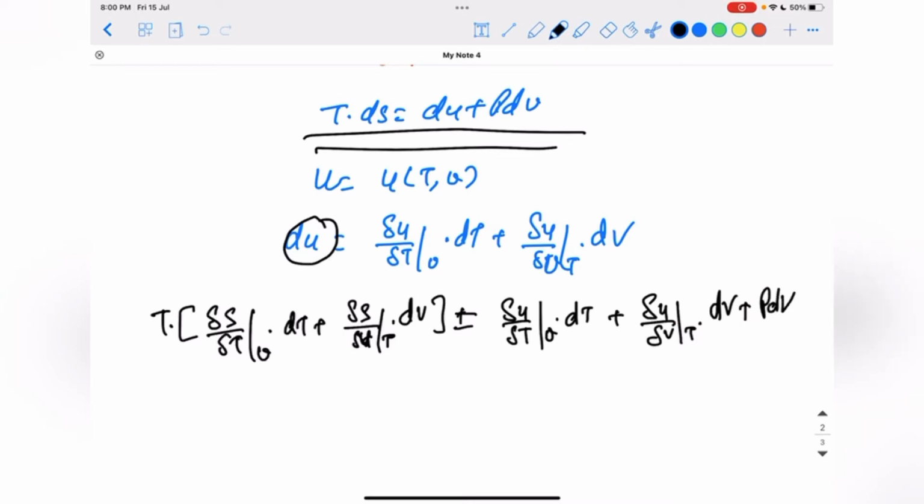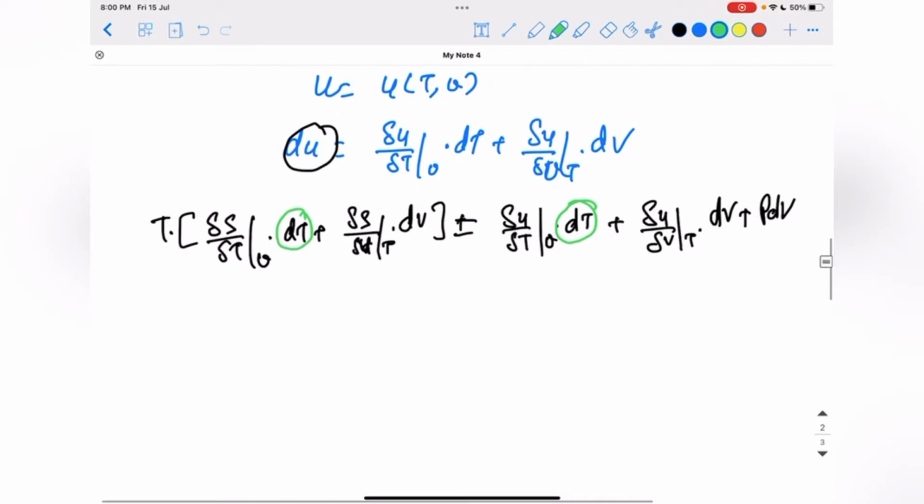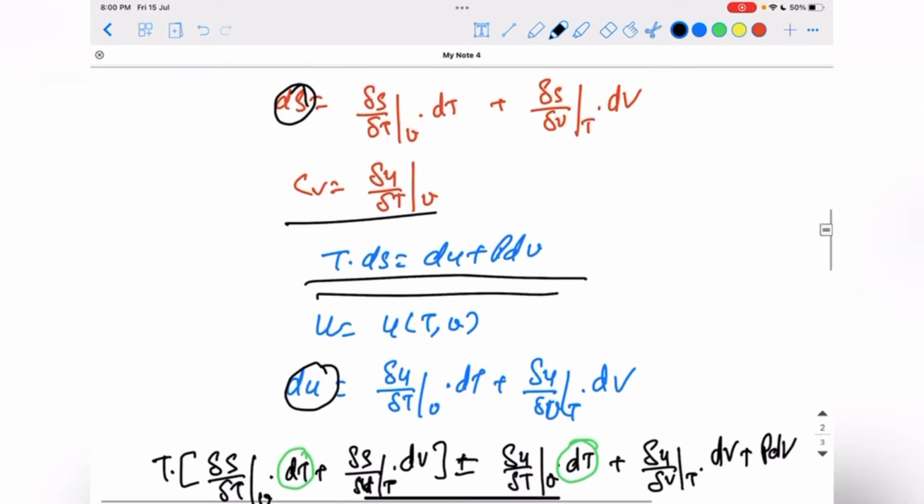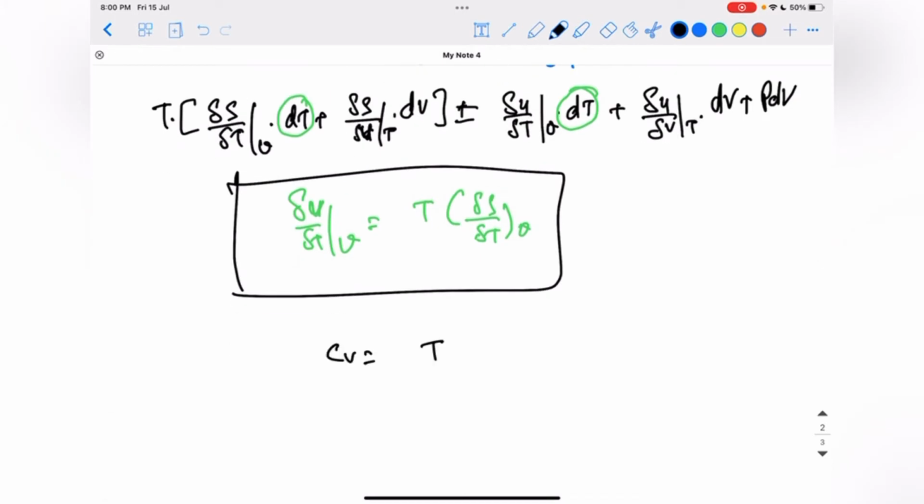Now, looking at the left and right hand side, I can compare the coefficient of dT on both sides. Now we get that ∂U/∂T at constant volume is given by T ∂S/∂T at V. From the basic equation we know that this is equal to Cv.